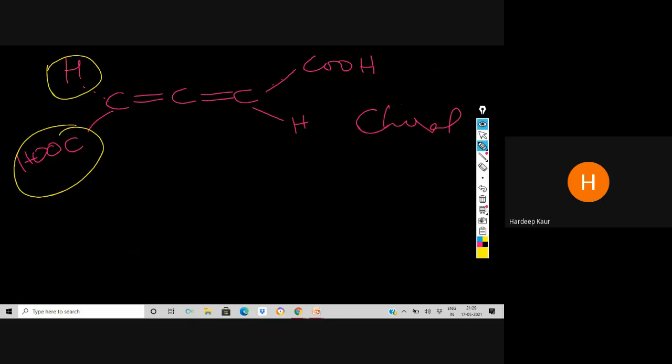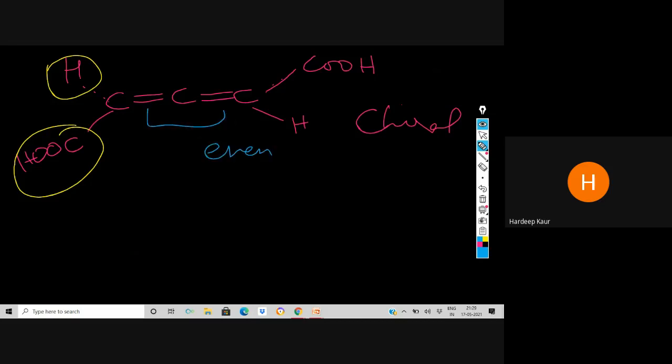So now let us write one more important thing. The spatial arrangement of double bonds in cumulene having an odd number of double bonds is such that the case is different from an even number of double bonds.